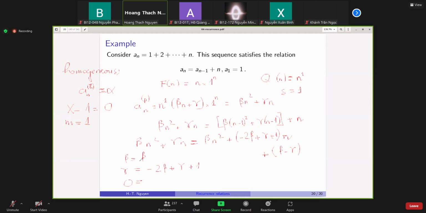Okay, so you solve this and you obtain, from this equation, beta equal to gamma, and from this, if we replace gamma with beta, then we get 1/2.